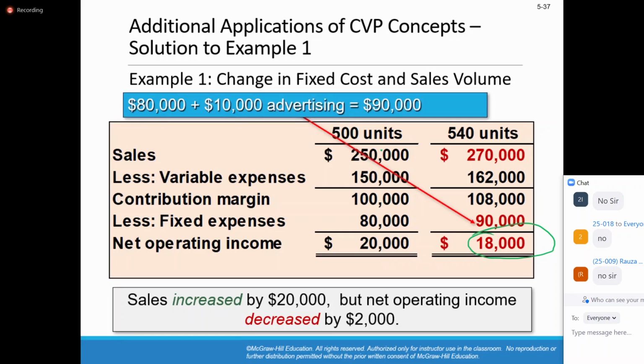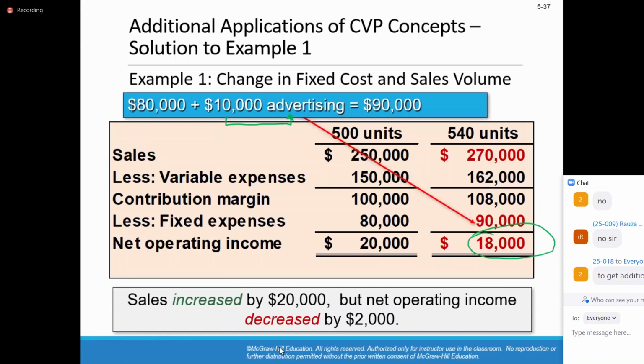You see why this 10,000 advertising expense is incurred. Why is it necessary? We already have some advertising expenses, but why are we thinking of increasing our advertising expenses? What is our motivation? I'm not giving any additional information.